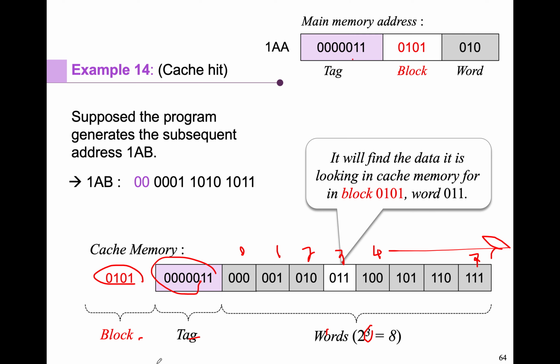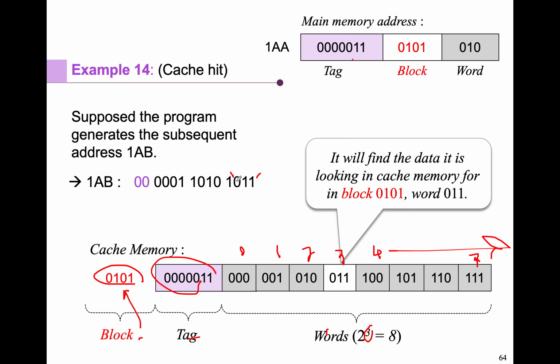Now you're going to see your block here is 0, 1, 0, 1. This is the block. And if you look at 1AB, you're going to pick 0, 1, 1 as the words, and your block is 0, 1, 0, 1.